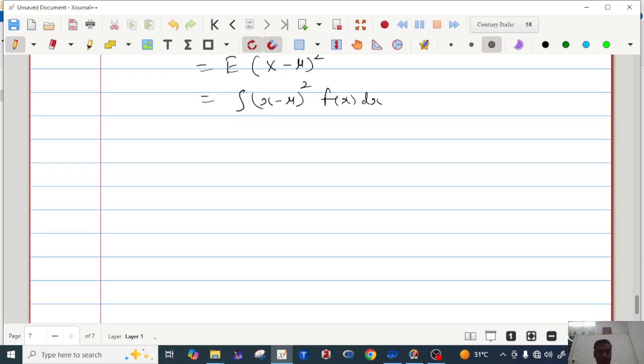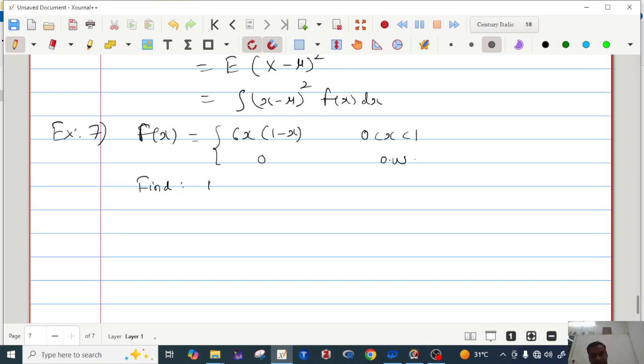Suppose a function f(x) is provided, 6x(1 minus x) for 0 less than x less than 1, and 0 otherwise. The question is to find the mean and variance.